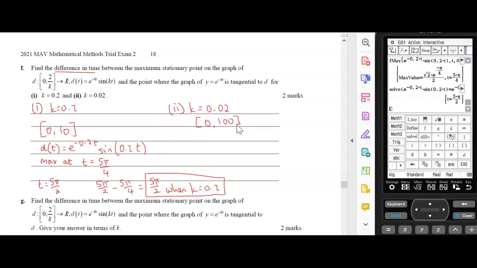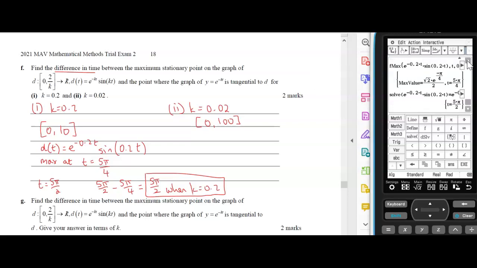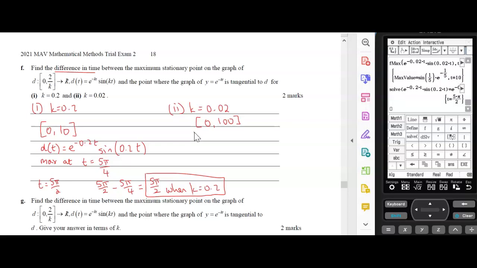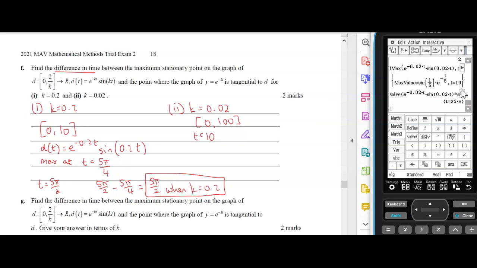Okay, and then we just pretty much do the same thing. So I'm going to just scroll up and change this to 0.02 and this to 0.02. All right, and I get t equals 10. And then I'm going to change this one here to 0.2 and this one to 0.2 and then this one to 0.2. And I do need to change my domain to 0 to 100 and we get 25 pi.